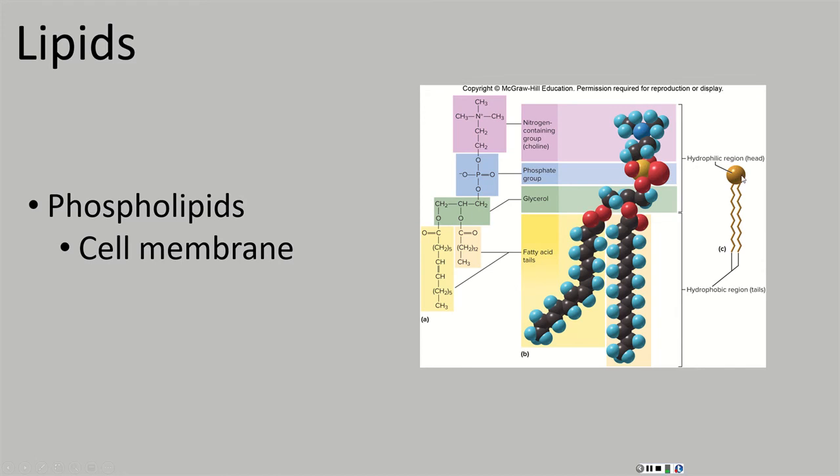These are very important because it sets up a neat situation, whereas the tails, since they are fatty acids, are non-polar. They are hydrophobic. But the head is actually polar. It likes water. It's hydrophilic.